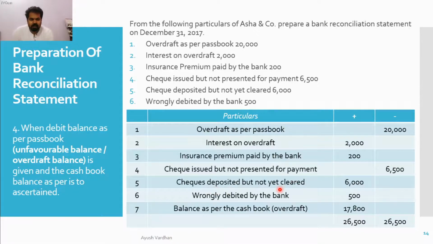Same for check deposited but not yet cleared. For Asa and Co, you are depositing a check of 6,000 rupees, and you are informing Asa and Co that 6,000 rupees has been deposited into your account. So Asa and Co has made an immediate entry into the cash book, meaning the cash book goes positive. The target book goes positive.